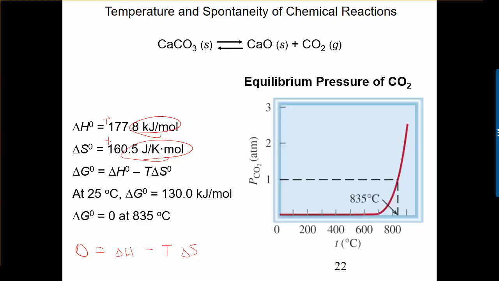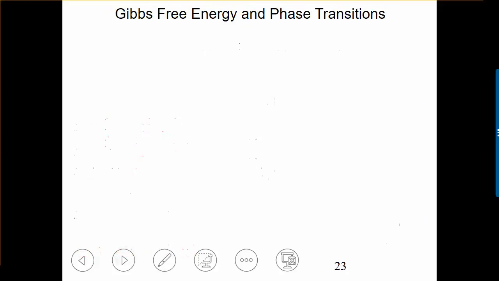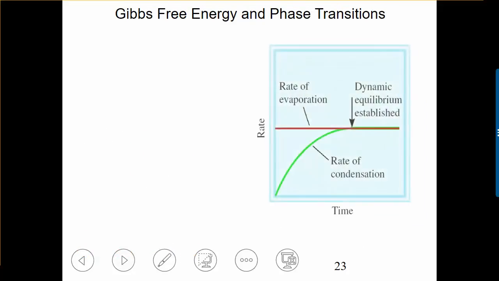If I go right above that temperature, then my reaction becomes spontaneous, because delta G equal to 0 is at equilibrium, and if I just bump it up above it, boom, it becomes a spontaneous reaction.